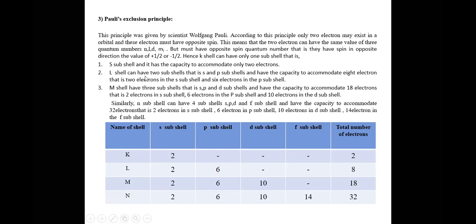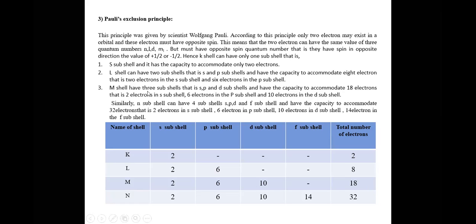One is the S subshell, another one is the P subshell, and these two subshells can accommodate 8 electrons together.